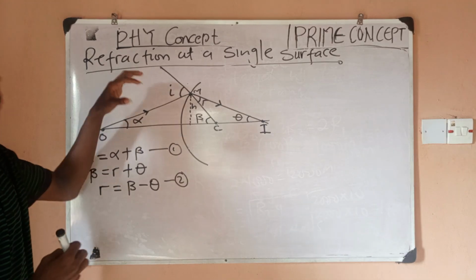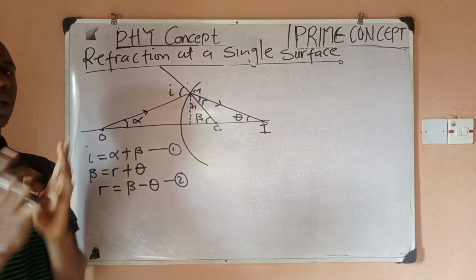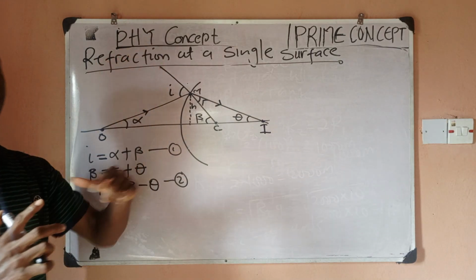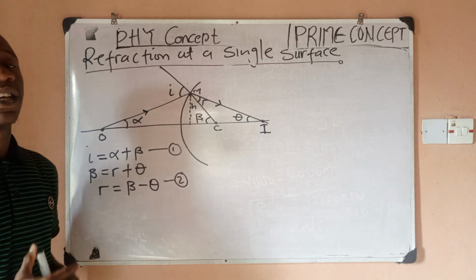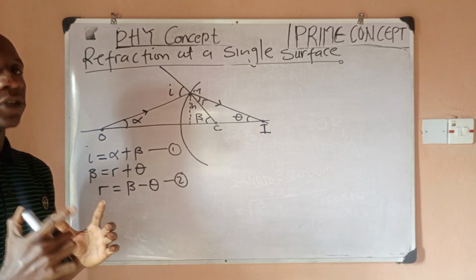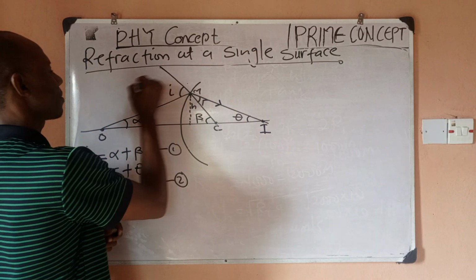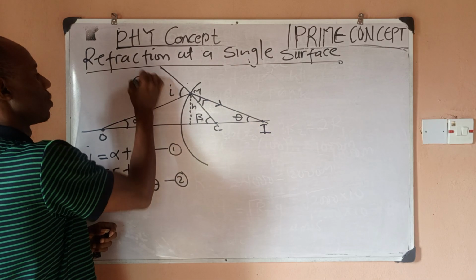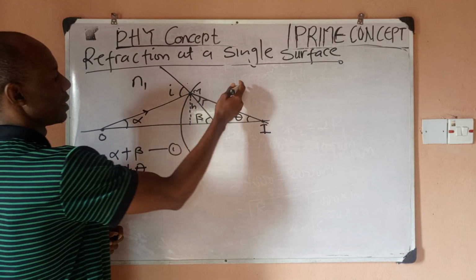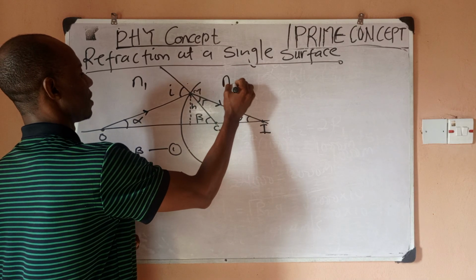Now, also, if you recall from my previous videos when we studied refraction at plane surface, we mentioned the concept of optical invariant. So applying optical invariant here, and knowing that this is my first surface with refractive index N1, this is my second surface with refractive index N2.